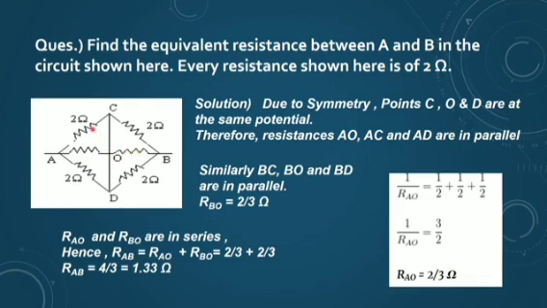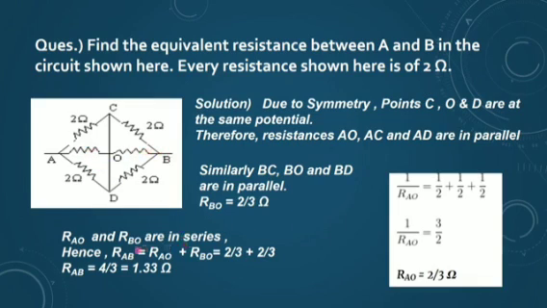So you will solve it: these three are in parallel, so you will find 1 upon R_AO equals 1 by 2 plus 1 by 2 plus 1 by 2. You get R across AO as 2 by 3 ohm, by simply taking the LCM and adding. Similarly, if you find it for BO, this also comes out the same because the values are the same on both sides, 2 ohm each. So now these two are in series.